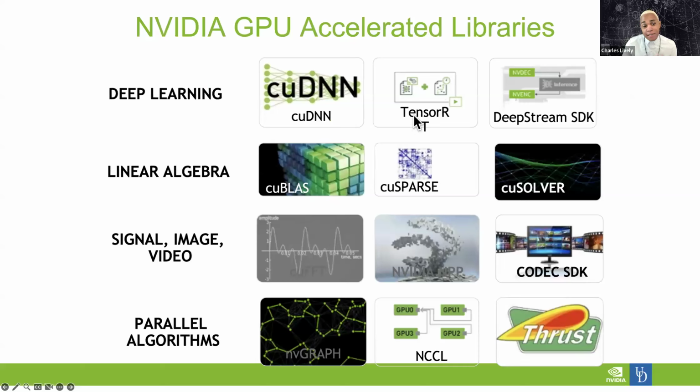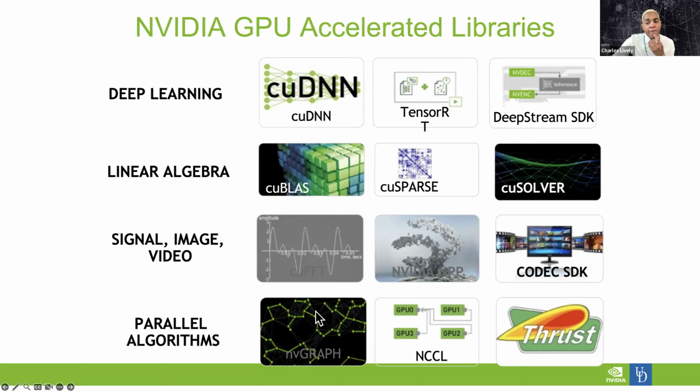NVIDIA has a number of different scientific libraries that you can make use of for accelerating your scientific development. For deep learning, you have libraries such as DeepStream, TensorRT, and others. They have linear algebra libraries, cuBLAS, cuSparse, cuSolver, as well as signal, video, and image libraries.